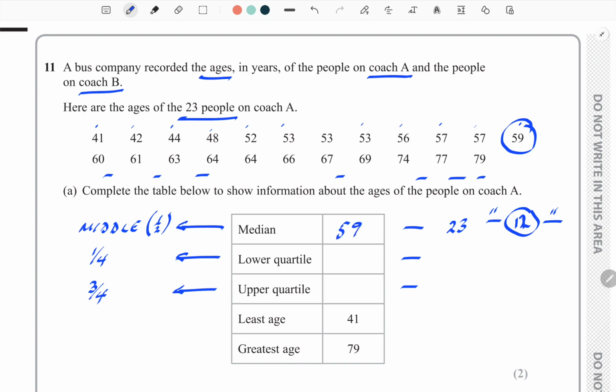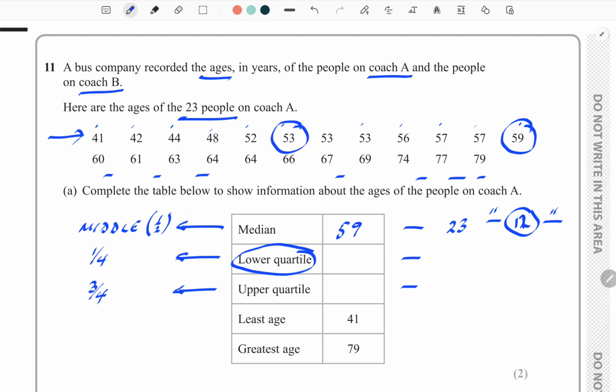The lower quartile is the median of the lower half. So of these 11 that are below 59, again, go for the middle one. From 11, the middle one's going to be 5 below, 5 above, so it's going to be number 6. 1, 2, 3, 4, 5, 6.